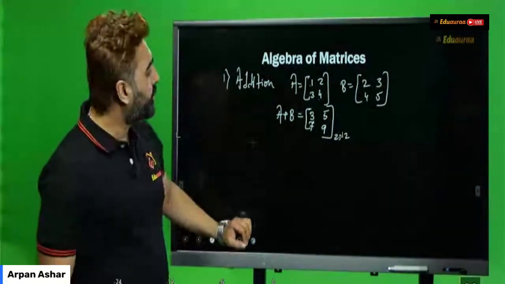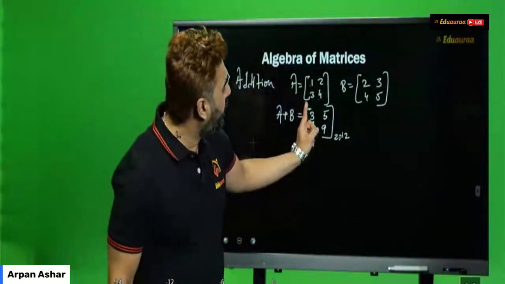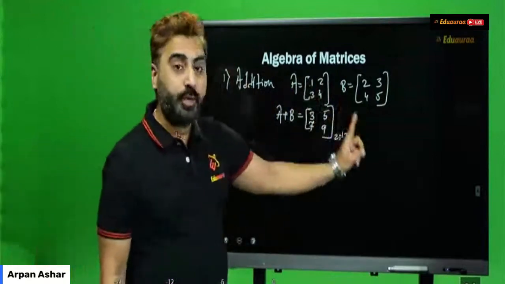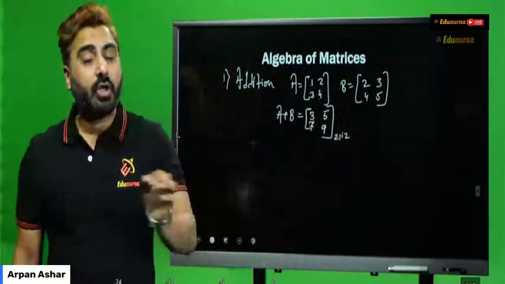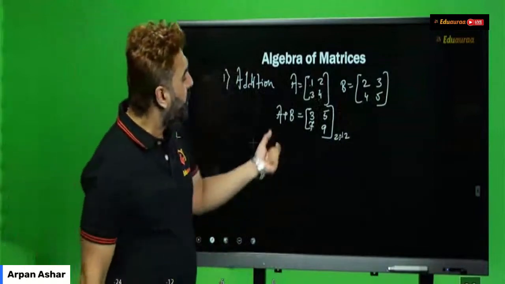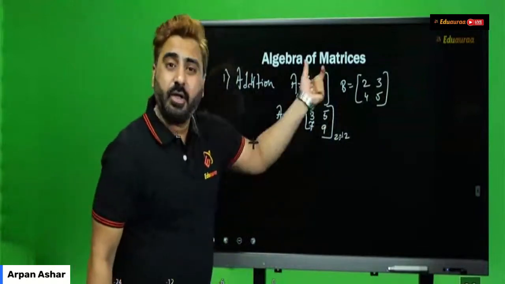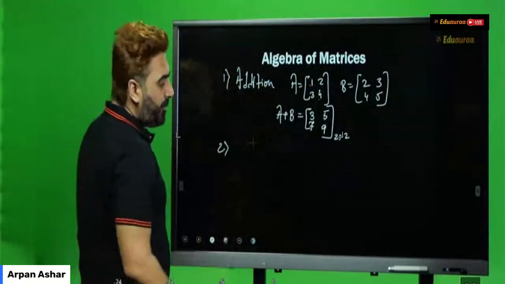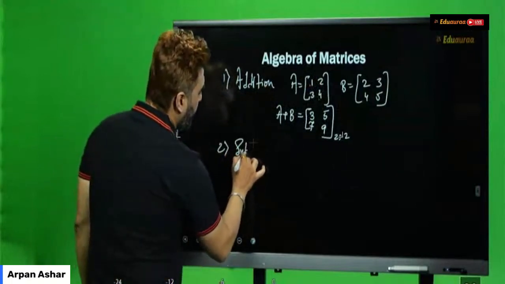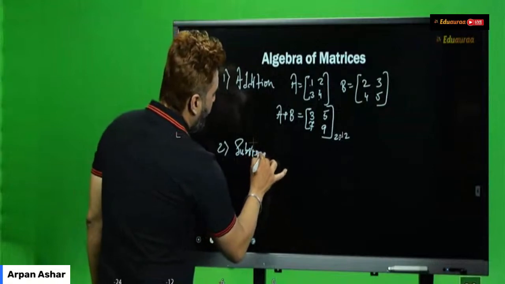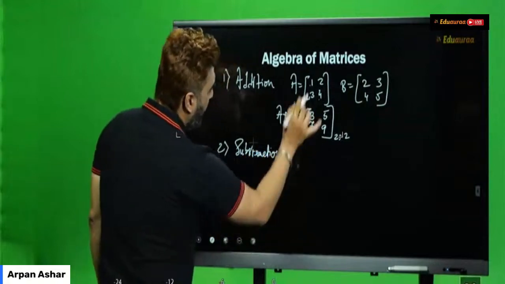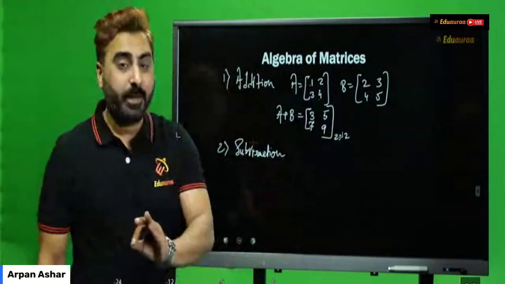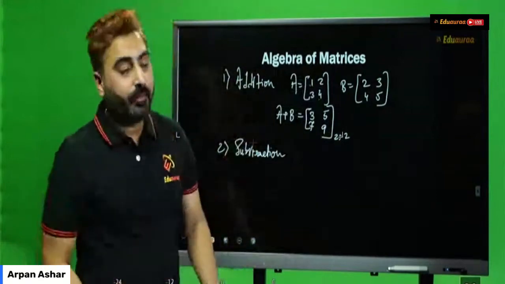Now students, the condition for addition is order should be same. How to add? Add corresponding elements. The new matrix formed is same order as the question. Similarly, if addition exists, subtraction also exists. How do we subtract? Same condition, order should be same. How do we subtract?